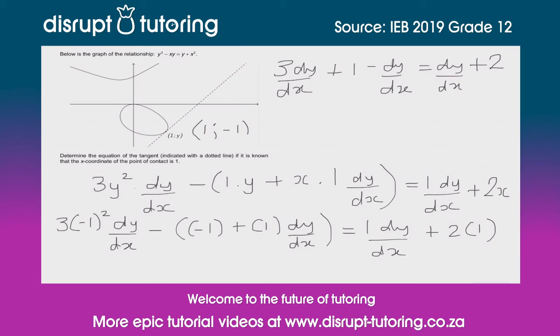Okay, and now we can make dy by dx the subject of the formula. So we've got 3 minus 1, which is 2, minus another 1, which is 1, dy by dx. And on the right hand side we have 2 minus this one, which then gives us a gradient of 1. So the gradient of this line is 1.